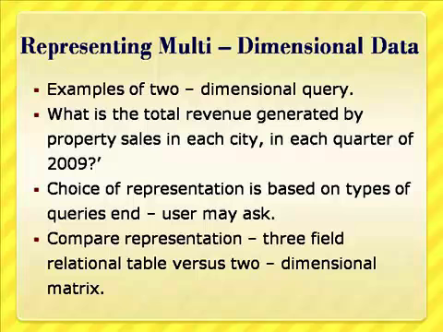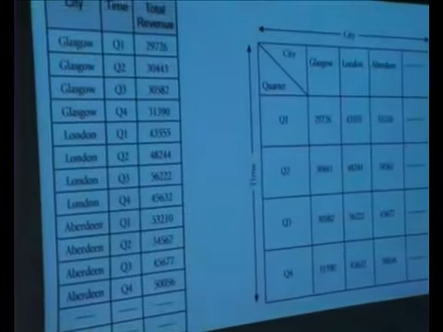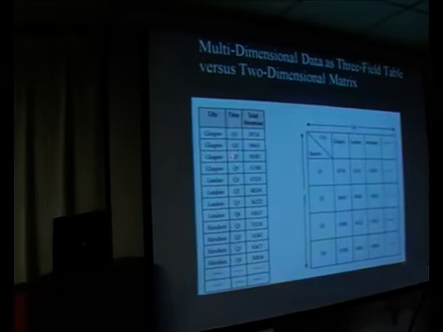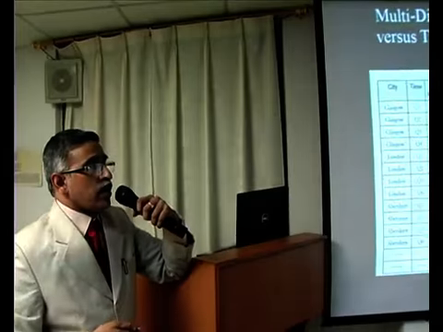So storing the data in a 3-field relational table requires 3 columns. But if I represent the same data in a matrix, we require only 2 columns. For example, here these are the city values, these are the times, and this is the total revenue. In this representation, there are two dimensions and one measure.